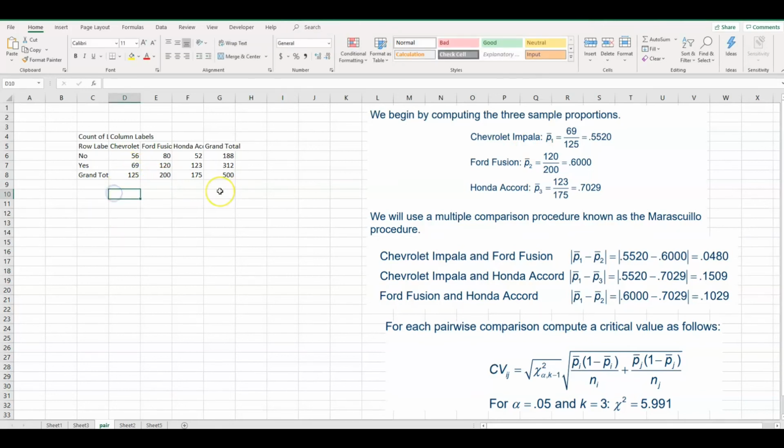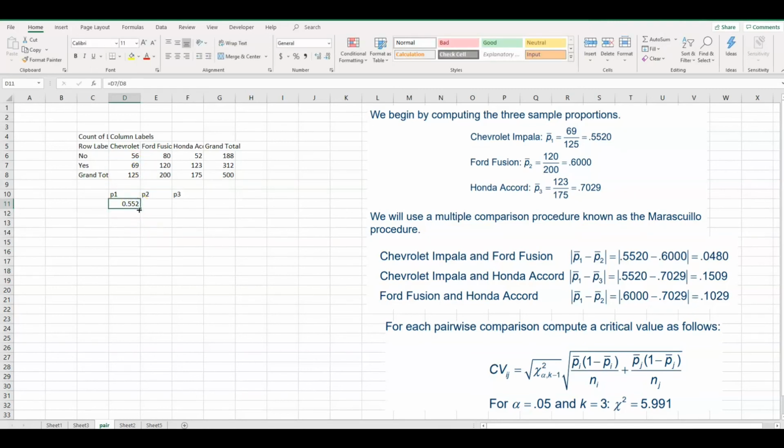Actually, this is P1, P2, and P3. P1 is the proportion of surveyed people who say yes, they are going to purchase, so this is yes divided by total.